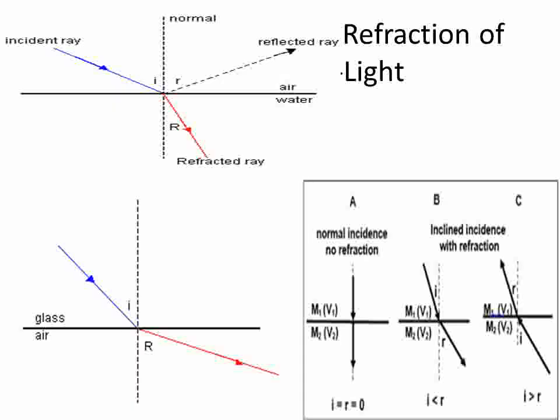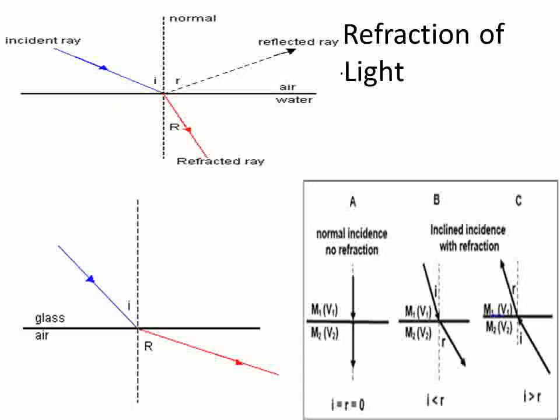There is a change in velocity from V1 to V2, but deviation, meaning bending of the ray, is not there. Angle of incidence I with the normal is 0 because it is in the direction of the normal. Angle of refraction R is also 0. I equals R equals 0.